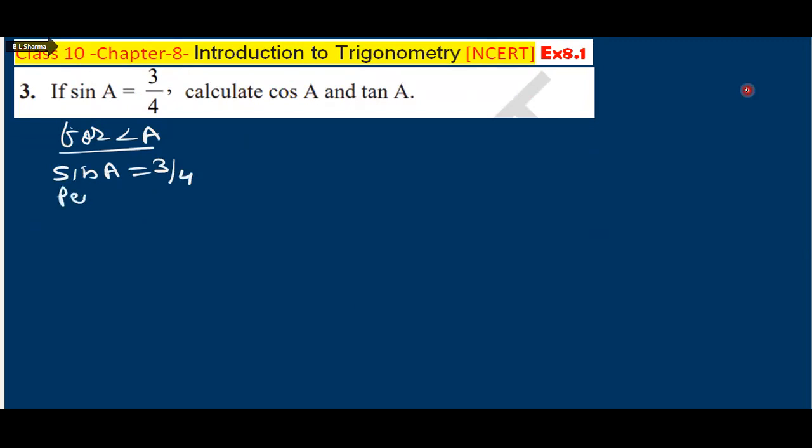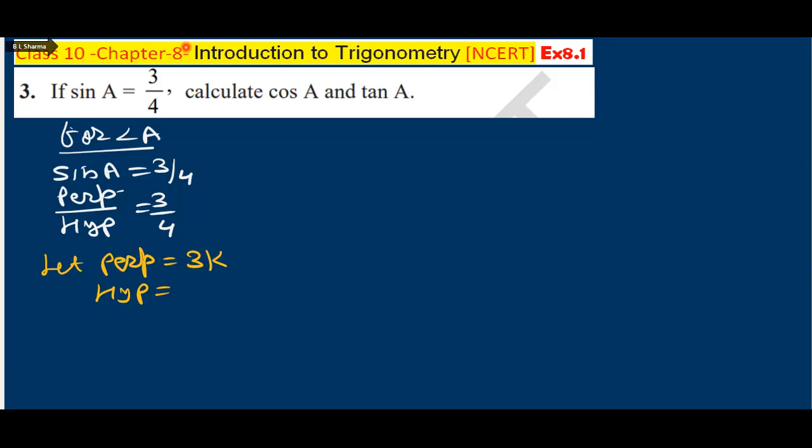Sin A means perpendicular upon hypotenuse is 3 upon 4. So let perpendicular be 3k unit, then hypotenuse will be 4k unit.